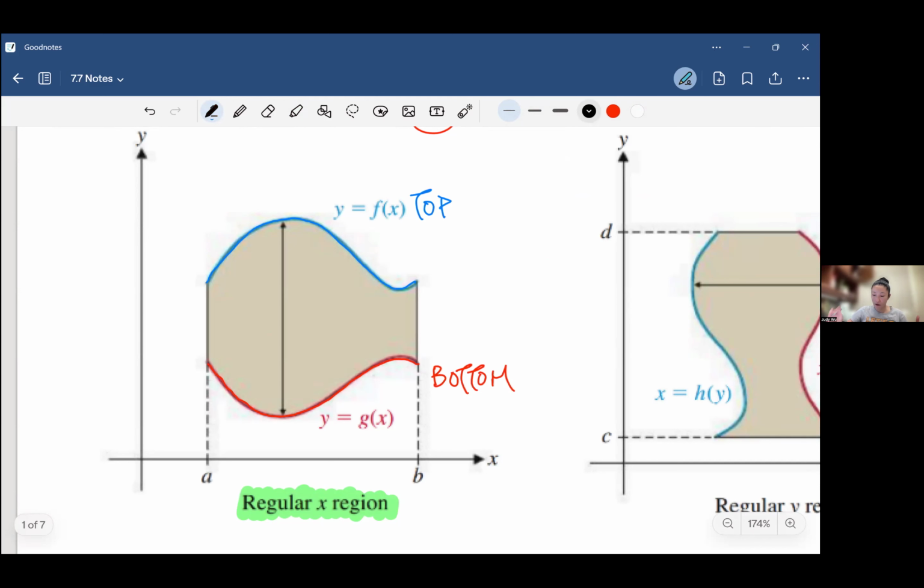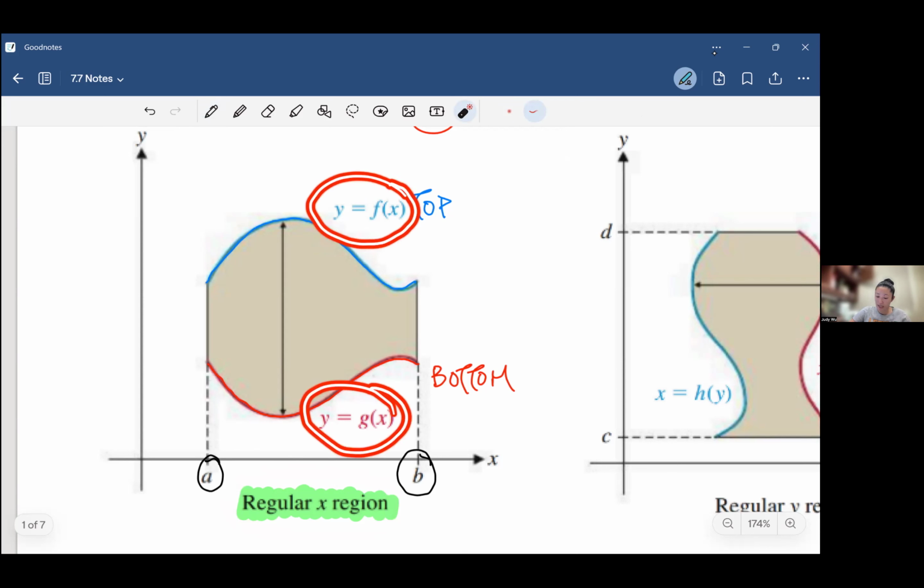And those are going to be functions. They're not going to be just a number, okay? Then the other clue is we will have a number for x and a number for the other x to kind of slice off that region, okay? So when we say a regular x region, we mean the y's are equations and the x's are still numbers, okay?